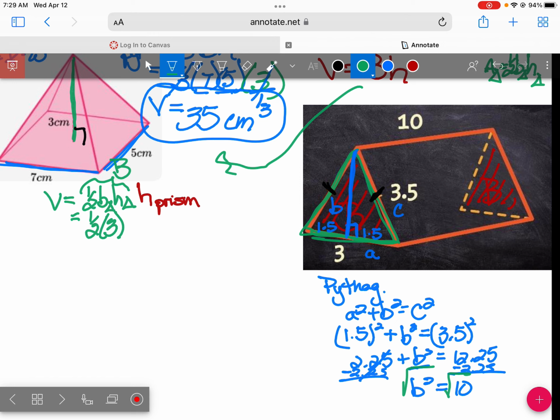B is equal to, I'm going to leave it as the square root of 10. You could change it to a decimal. Can somebody tell me what is the square root of 10? No, you have to do it on a calculator. It's not even. Somebody, please take the square root of 10.